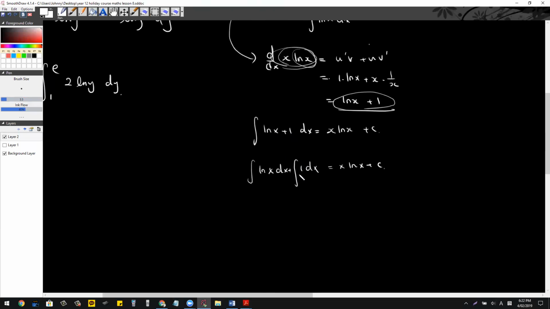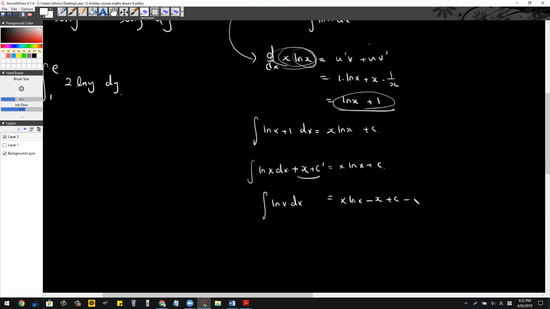The integration of 1 is x. So this bit is just x, plus maybe c dash. If I move these two to the other side, then I can find what ln x is. The integration of ln x is x ln x minus x plus c minus c dash.